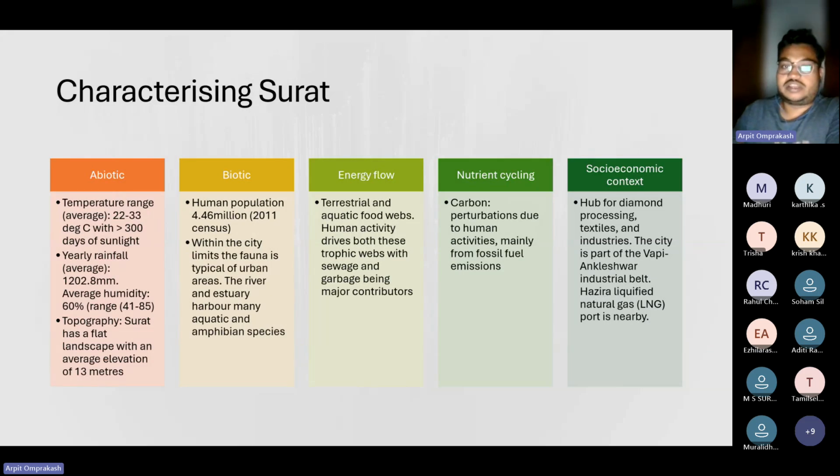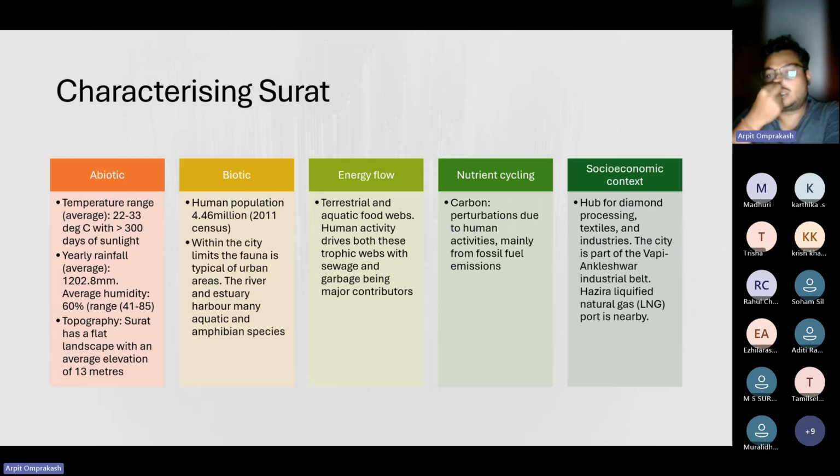Next, we talk about the energy flow, and we see that there are both terrestrial and aquatic food webs because there's a river going in the nearby area. And we see that human activity drives both of these food webs, with garbage and sewage being the main sources of nutrients.